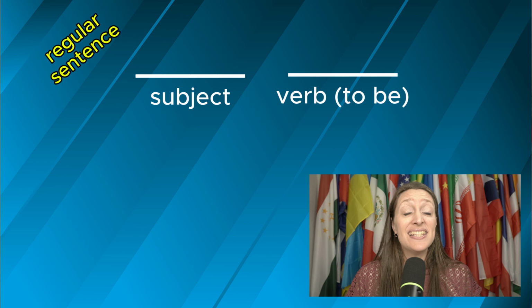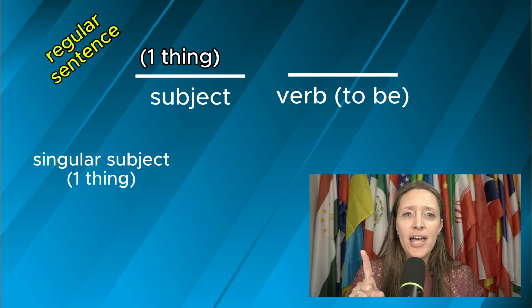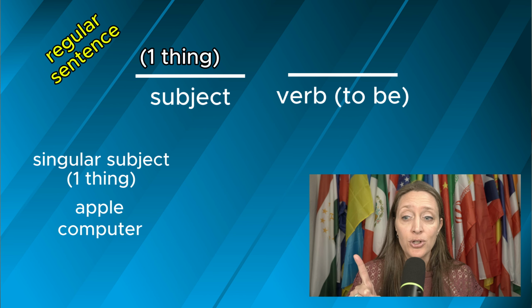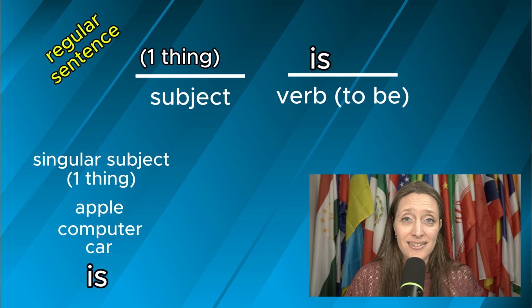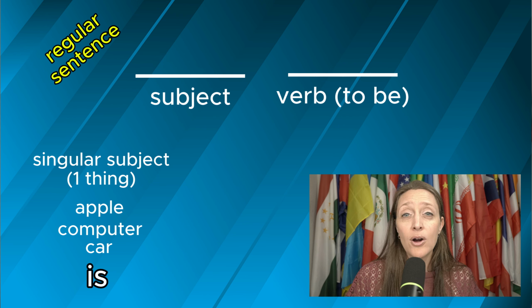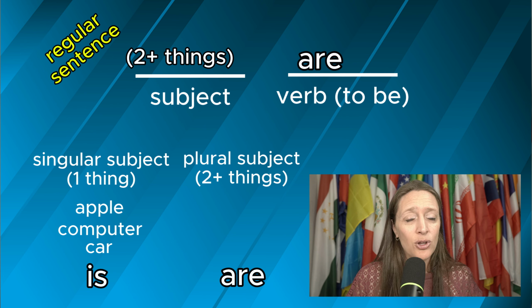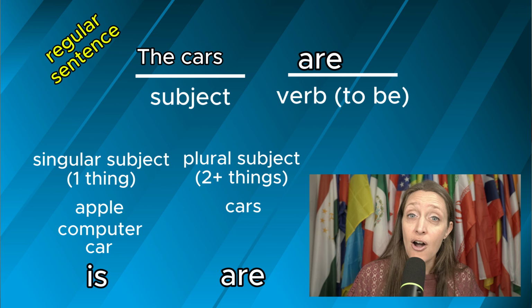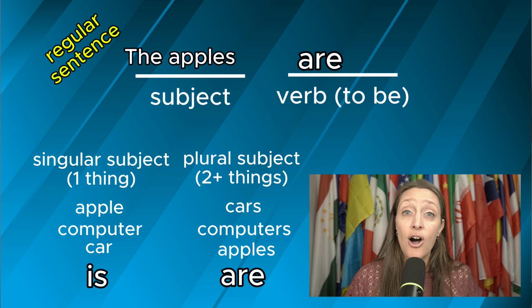Now, if it is a singular subject, if there is only one thing, one apple, one computer, one car, we need to use the word is to go with one thing. If there are two or more things, we need to use the word are because it's plural, like they. For example, the cars are, the computers are, the apples are.